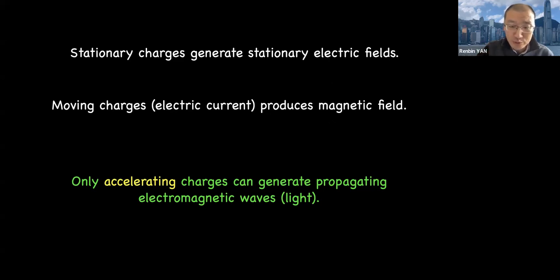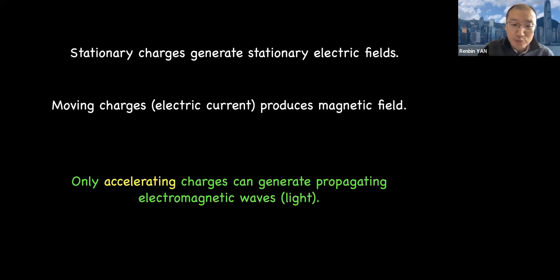but if you have a charge being accelerated, that means the electric field is going to change and the magnetic field is going to change in space. So at any particular point in space, the electric field is going to vary and the magnetic field is going to vary when the charge is being accelerated. When they vary, the changing electric field will generate a magnetic field, and the changing magnetic field will generate another electric field.